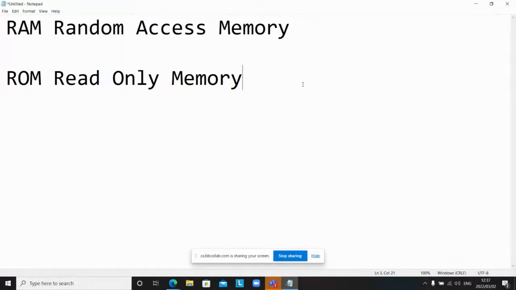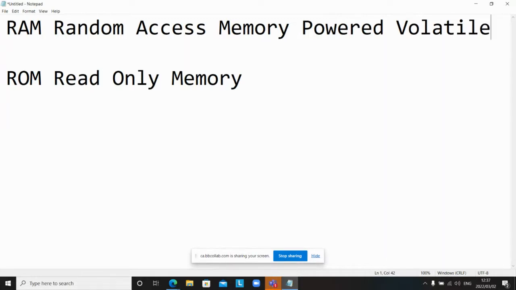So random access memory is exactly what it's talking about. Your computer can access little bits and pieces of it, as it needs. But if the power goes off, you lose that data. It is called volatile.